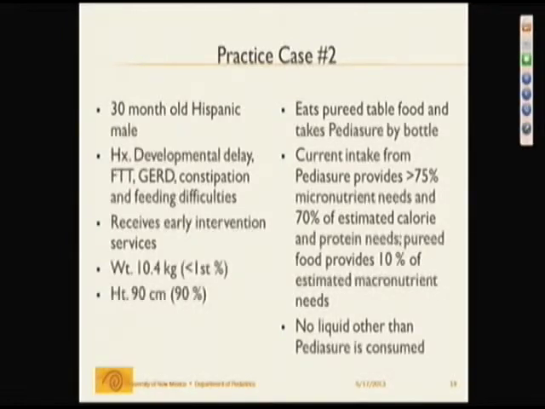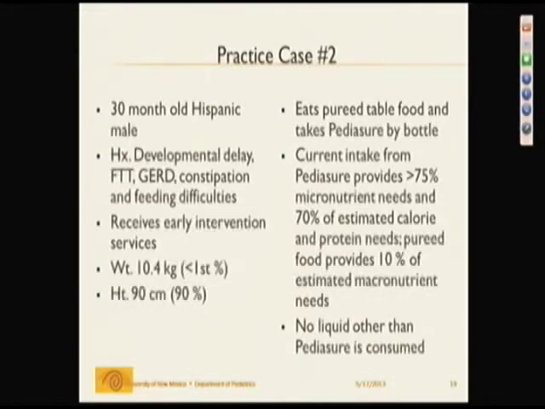Okay, another one would be inadequate fluid intake as your problem. Related to no other liquid being consumed but Pediasure. As evidenced by constipation.